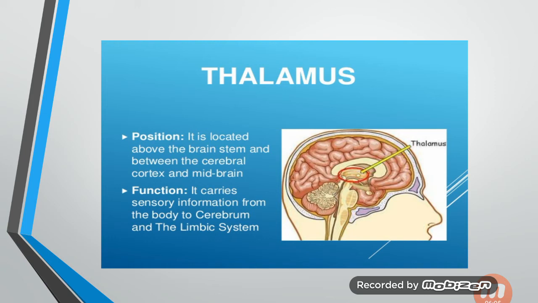Then comes the thalamus. It is located above the brain stem and between the cerebral cortex and midbrain. Now you can see in the diagram, the thalamus has been spotted. It is basically the relay center which carries the sensory information to the limbic system and to the cerebrum.